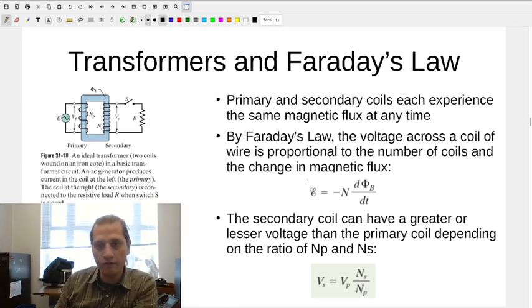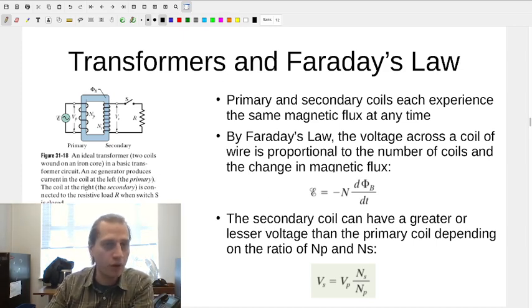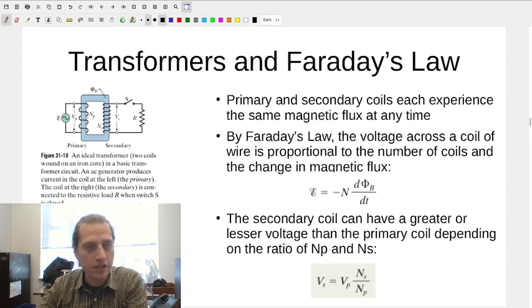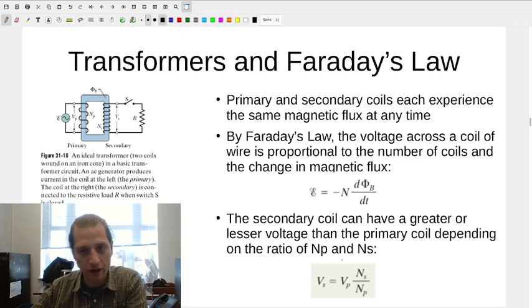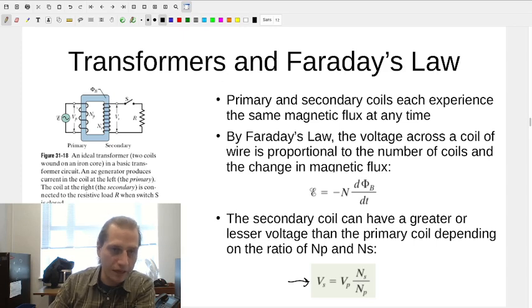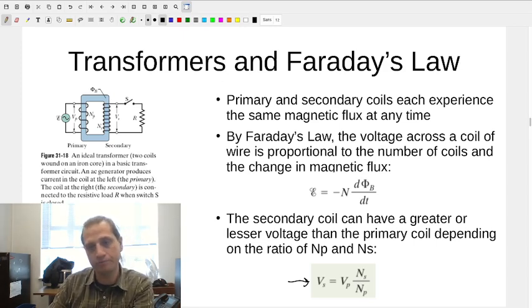Now, Faraday's law tells us that there's a connection between the way that flux is changing and the amount of voltage that we have through each loop. And so we're going to use that relationship to find out how the voltage on the two coils relates to how many times the wire goes around that hunk of metal.